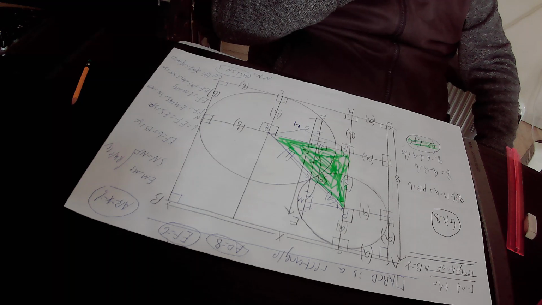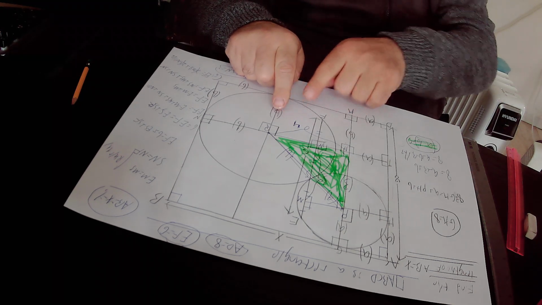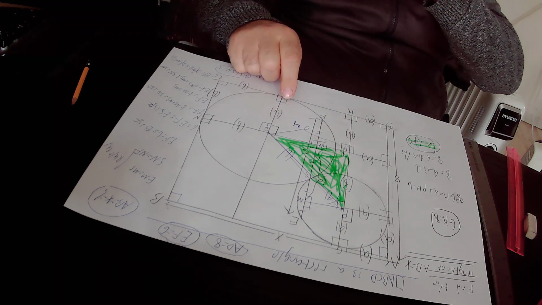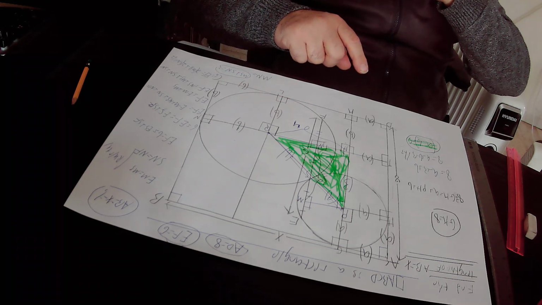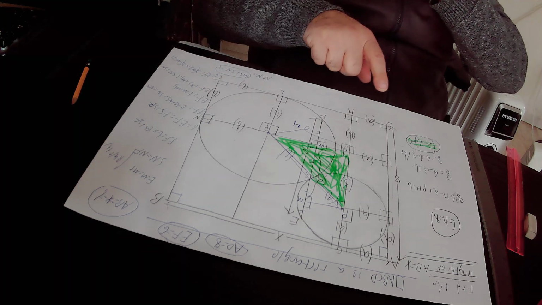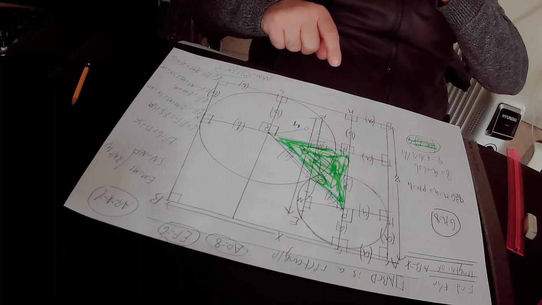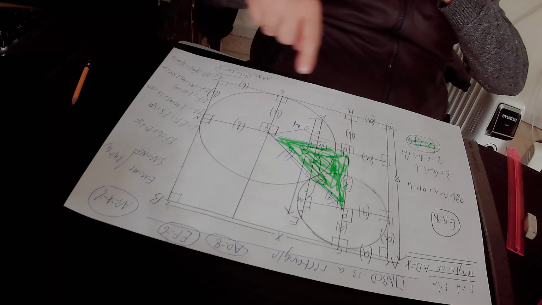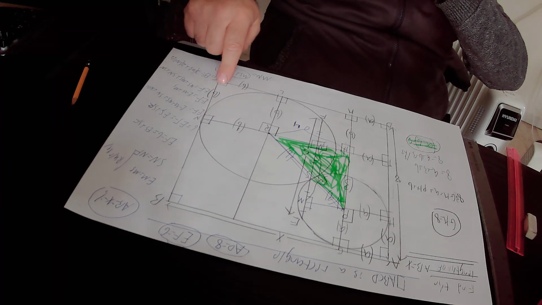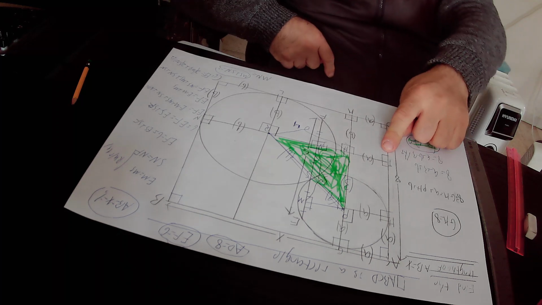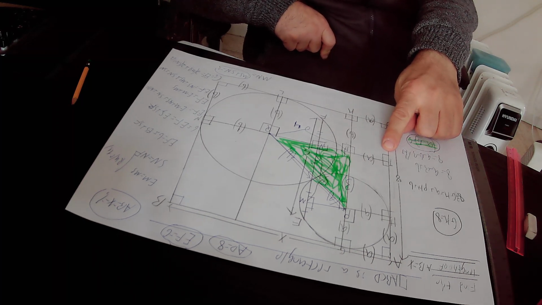So if we focus on quadrilateral TNDC, inside this quadrilateral we have 1, 2, 3 right angles, therefore the fourth angle here must equal 90 degrees.